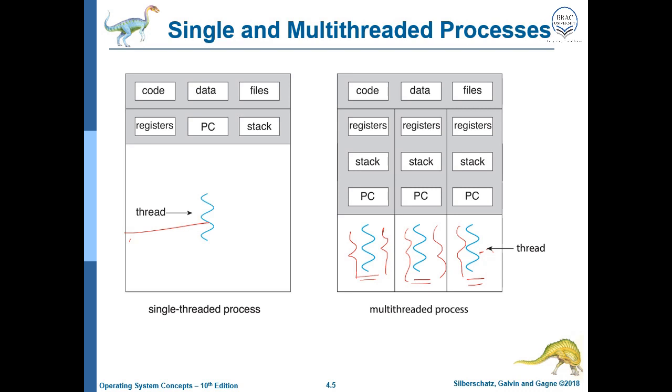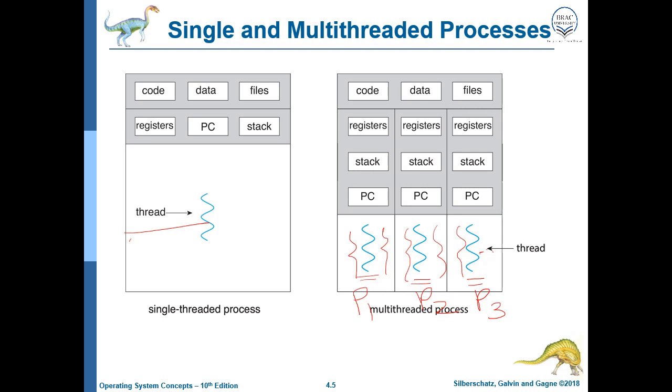No matter how many threads we have inside this box, or let's say this process, let's say this is process P1, this is process P2, and this is process P3, no matter how many threads we have inside process P1 or P2 or P3, they will be using this resource. No other resources will be required.